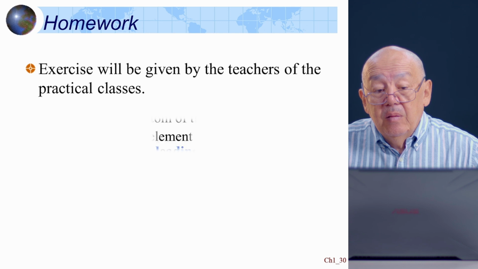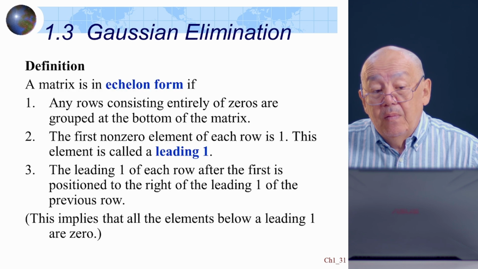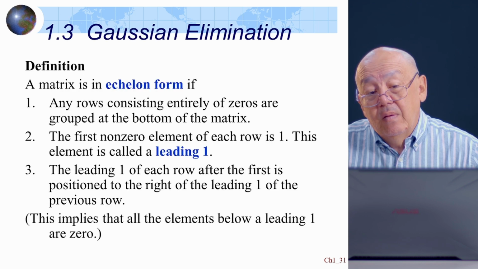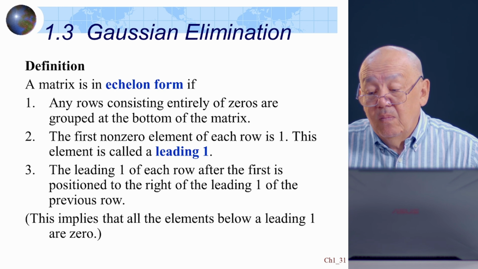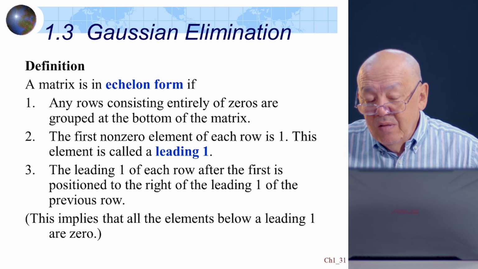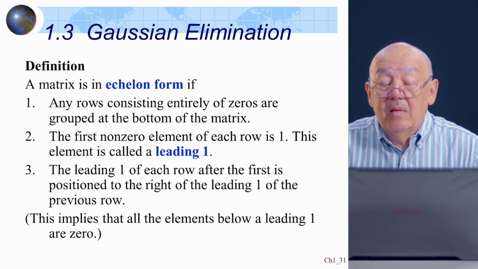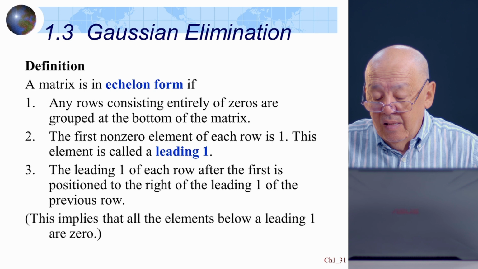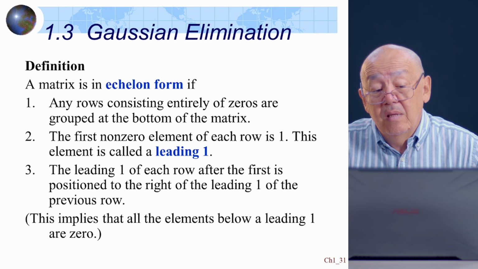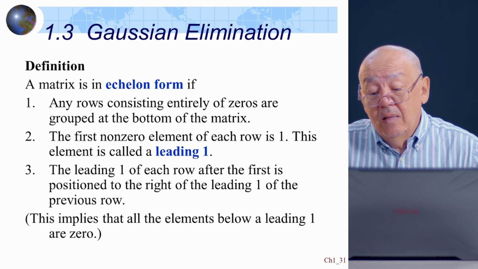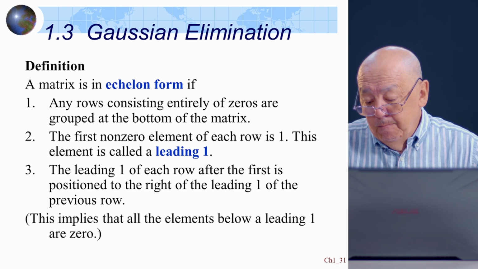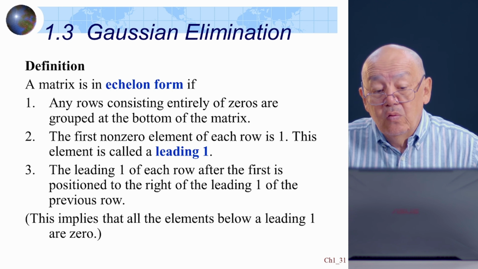Okay, so let me show a more effective method than the Gauss-Jordan elimination method. It is called Gaussian elimination. As I said, it is presented in your main textbook. It consists of two stages.